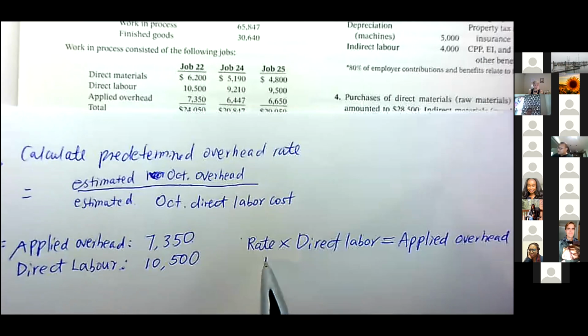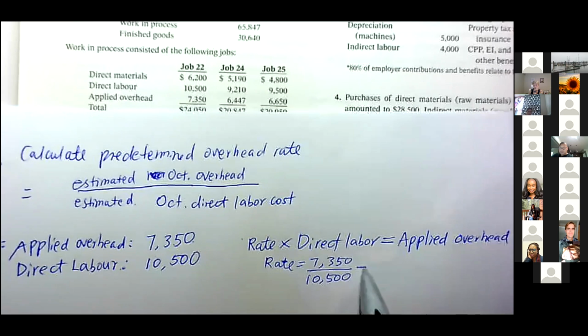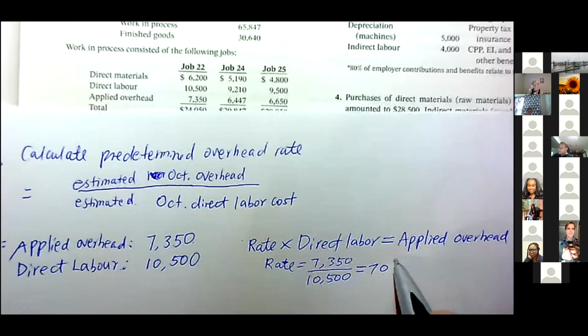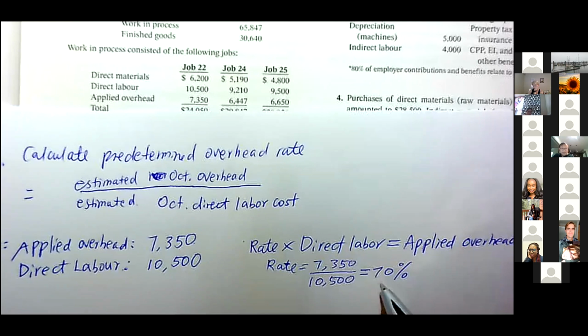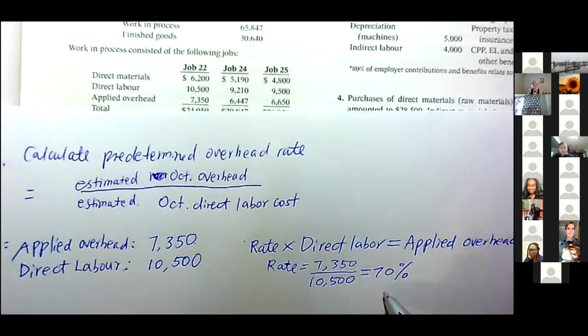The rate equals 7,350 divided by 10,500, so this will be 70%. That would be the overhead rate. If you want to try, you can try jobs 24 and 25. They always use the same rate, so even if you try jobs 24 or 25, you should get the same answer. If you use job 24 with the same formula, you should also get 70%.